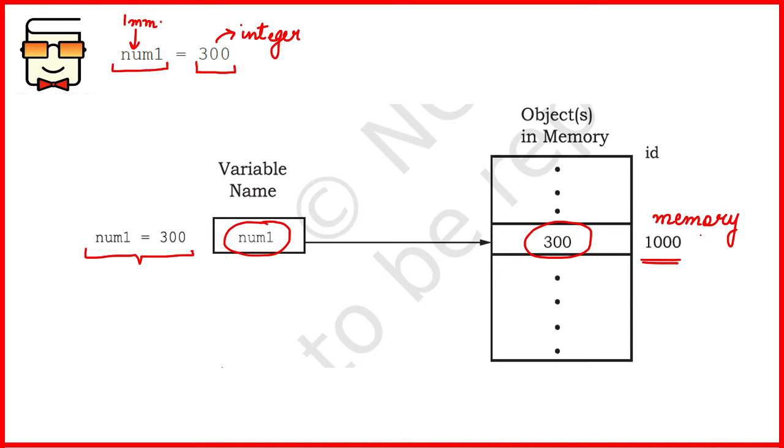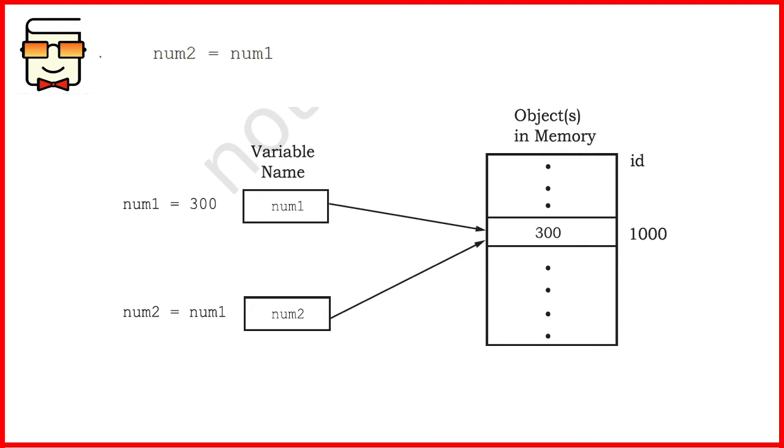It uniquely identifies where the value of a variable is stored. So when you execute this statement, a variable is created and the value it has been assigned is stored at some position in the memory. Okay, so here we can see that its value is stored at memory location 1000.